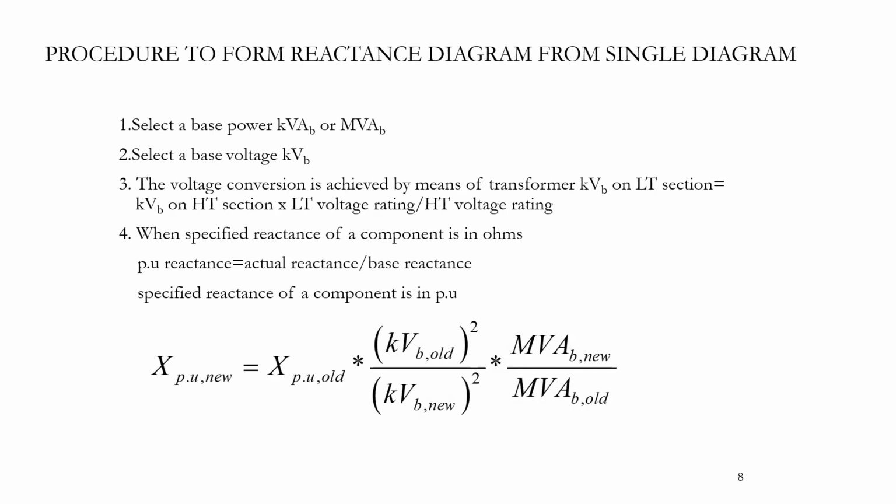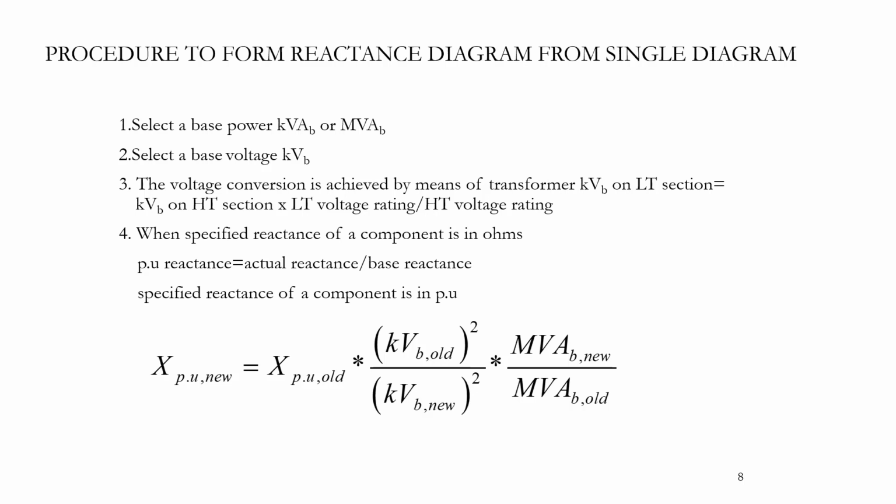Now let us see the procedure to form the reactance diagram from the single line diagram. Now we have drawn the single line. After this, what is the procedure? First and foremost, we have to select the power base, either in kVA or MVA. Second is to select the voltage base. Once the power base and voltage base are selected, the voltage conversion is achieved by means of the transformer kV on the LT section.